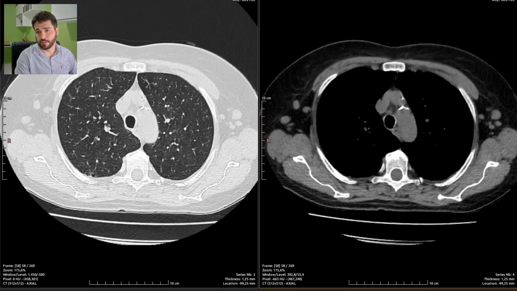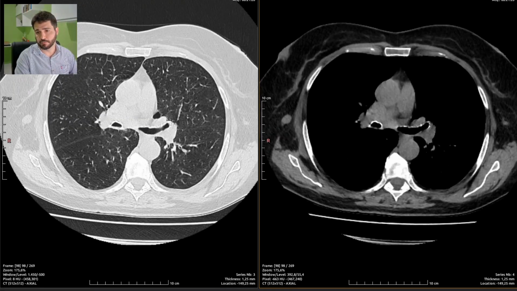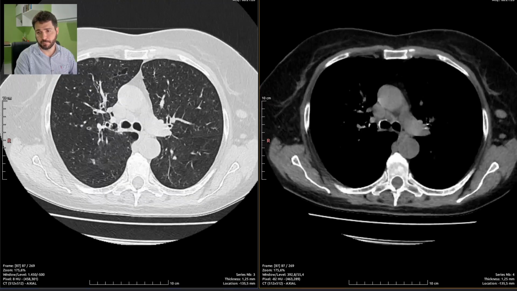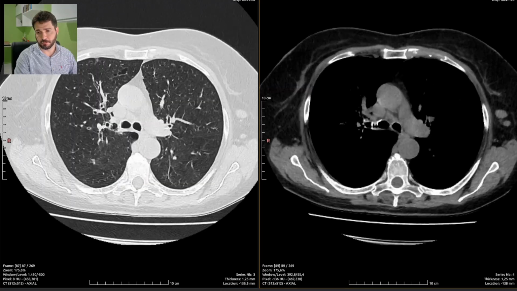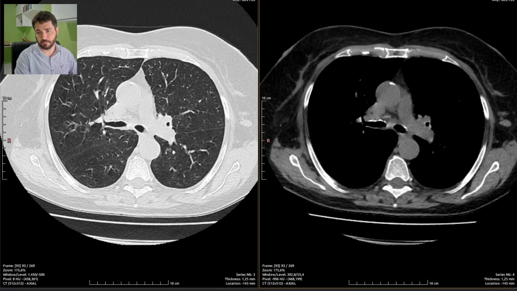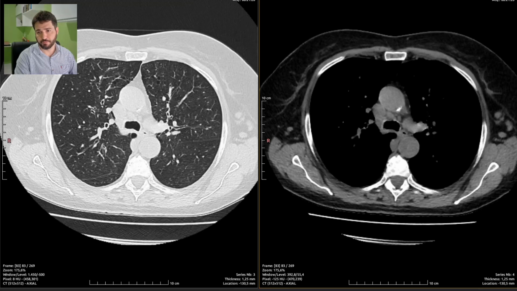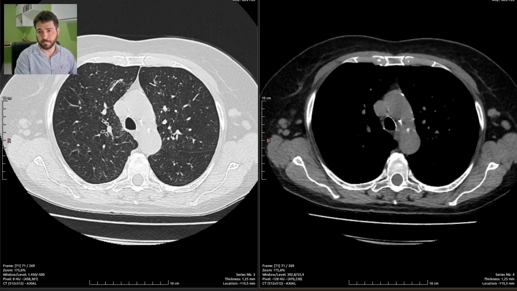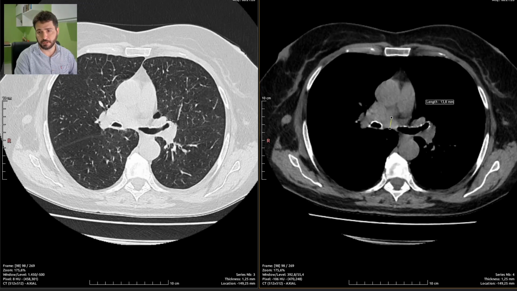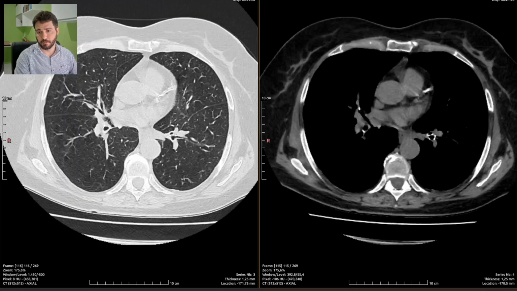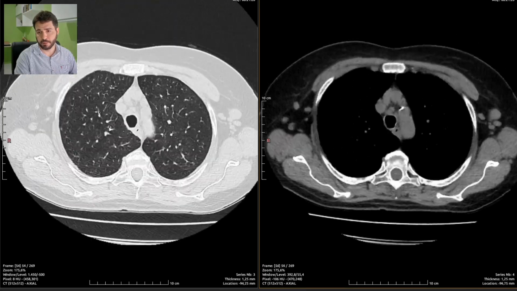Let's see how big the lymph nodes are. Usually the infracarinal, subcarinal are the largest one, just below the carina, which is the bifurcation of the trachea. The subcarinal lymph node is usually the largest lymph node related to the trachea.